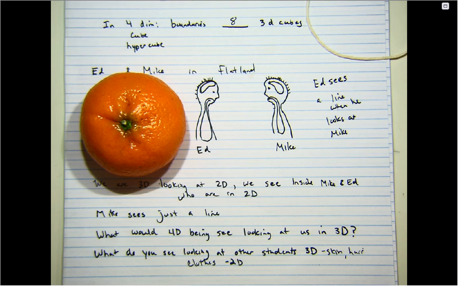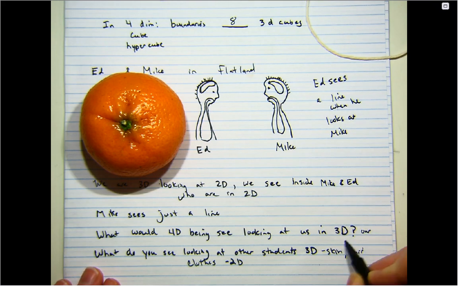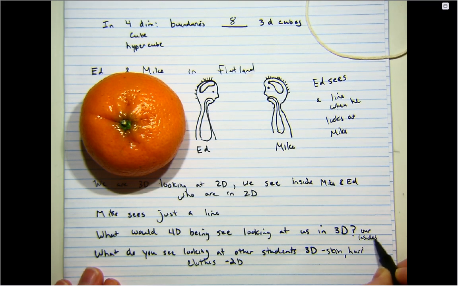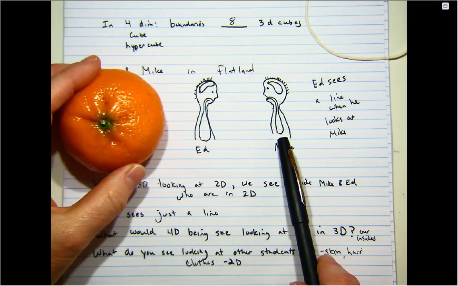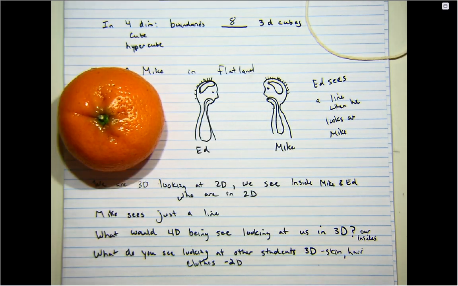If there was a 4D being looking at us, they might see our insides. I haven't met any 4-dimensional people, so I don't know. But if the analogy holds, then that's what the analogy would be. We are 3D looking at 2D from above, and so we see inside, whereas the 2D beings trapped in the 2-dimensional plane just would see a line if they were looking at each other.